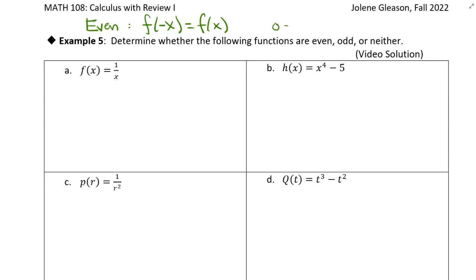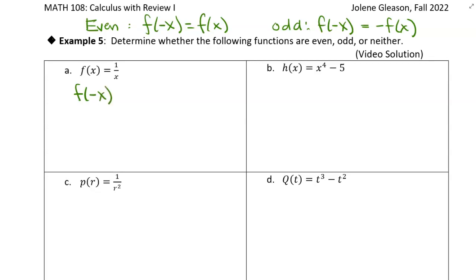For an odd function, the reflection across the y-axis is equal to the reflection across the x-axis, so negative f of x. That's just the definition of even and odd functions. So all we really need to do is look at f of negative x and see what happens.